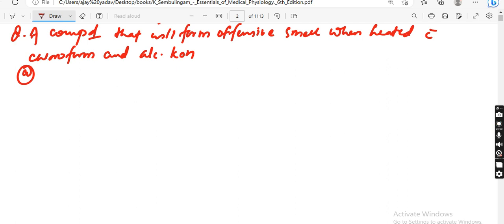Option A is (C2H5)2NH. This is your secondary amine, right?